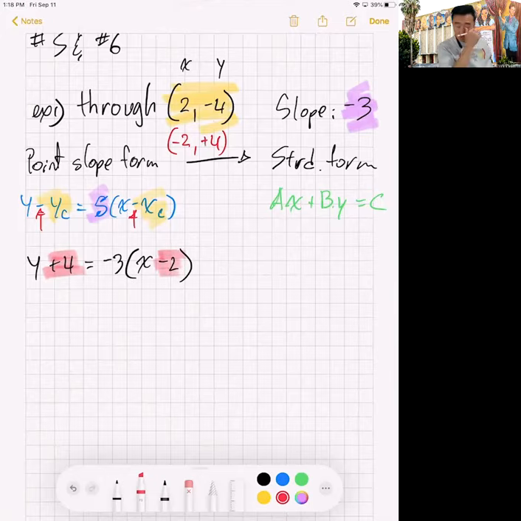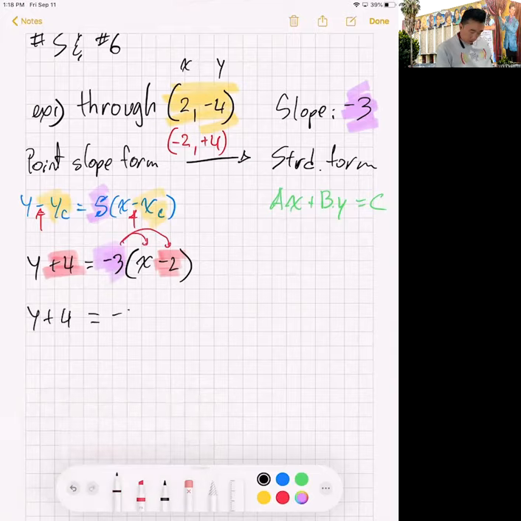Do you see that? Positive 4, negative 2. And obviously the slope, negative 3. Okay? So then from there, in order to make it into standard form, we are going to distribute: y plus 4 equals negative 3x plus 6.